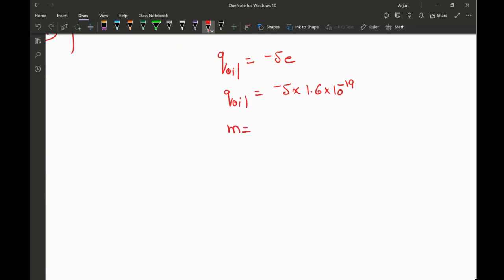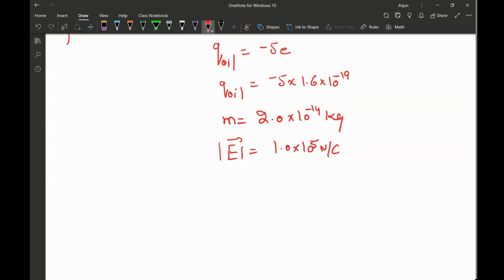Mass is given to me, which is equal to 2.0 times 10 raised to power negative 14 kg. It is placed in an electric field, and the electric field strength is also given to me, which is equal to 1.0 times 10 raised to power 5 Newton per coulomb in the vacuum chamber. We wanted to find the net force on the sphere.